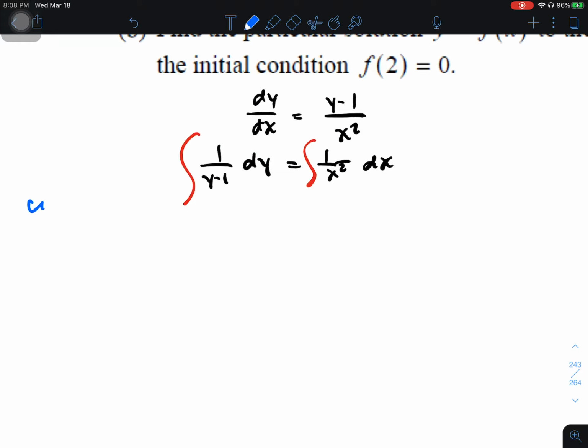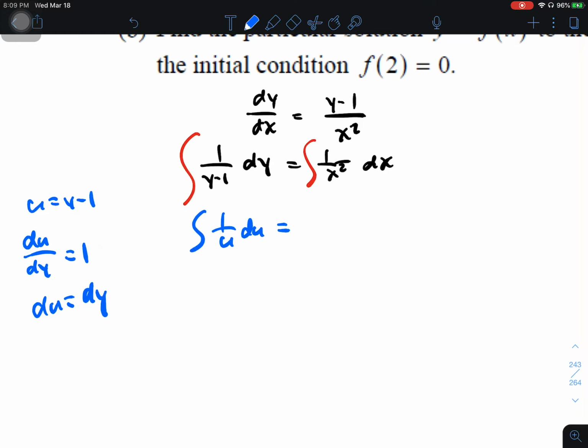On the left, I'm going to set u equal to y minus 1. du over dy is going to be 1, so du is going to be dy. So we're going to be integrating 1 over u du. On the right, I think it might be wise to change this to integrating x to the negative 2.